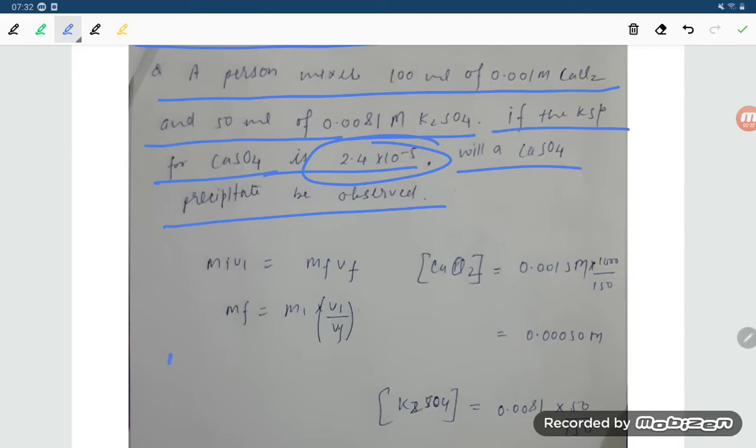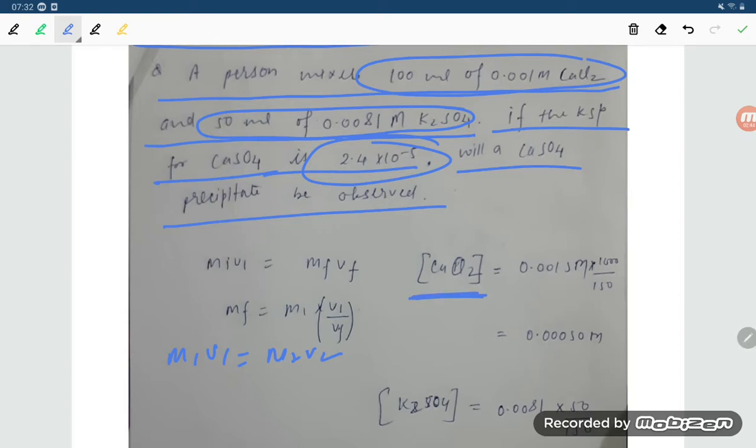So we know, student, that M1V1 is equal to M2V2, right? This condition is the M1V1 and this condition is the M2V2. Okay, and we need the final concentration. So you check that calcium chloride is there. So if we are considering M1V1 and M2V2, how can we measure the concentration?